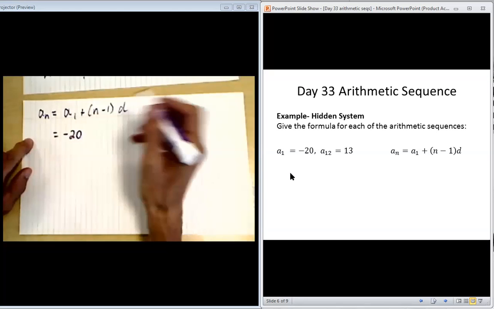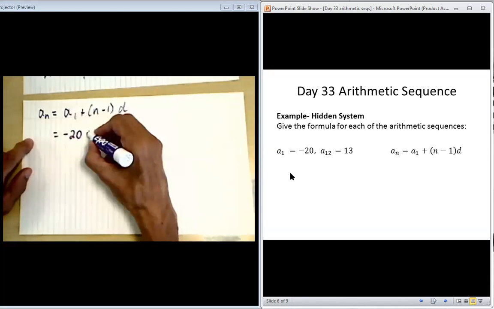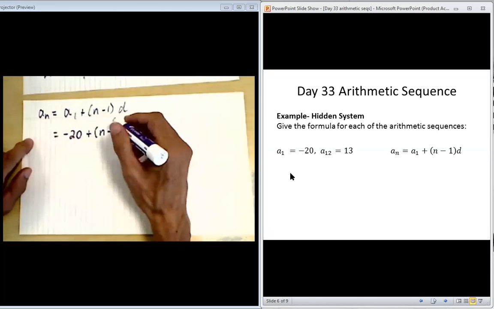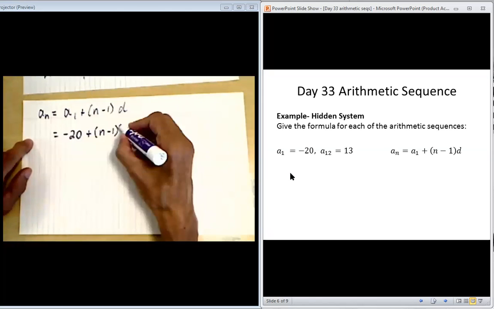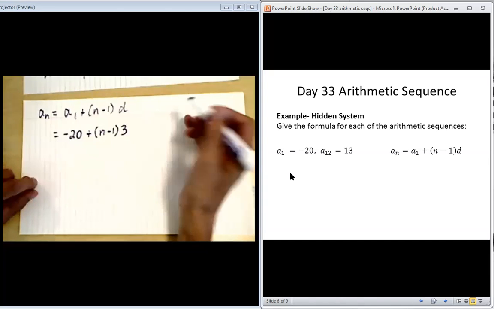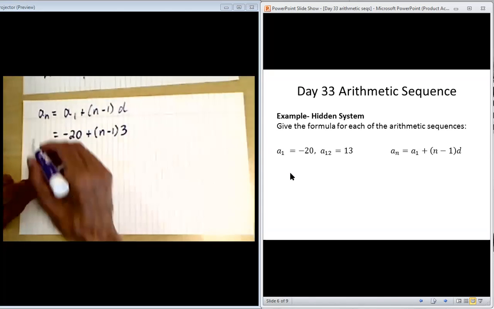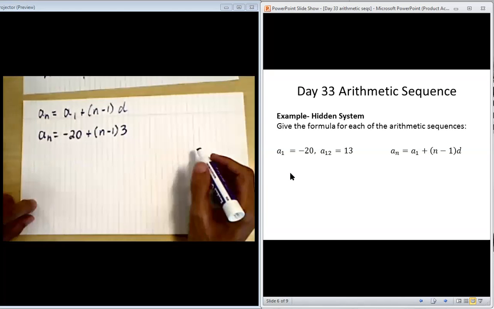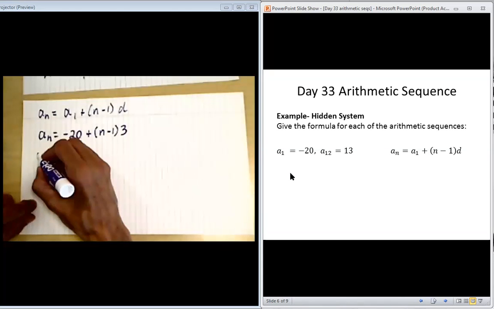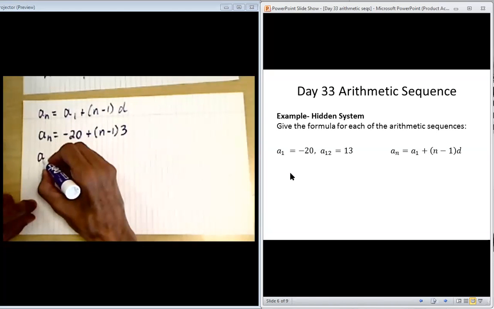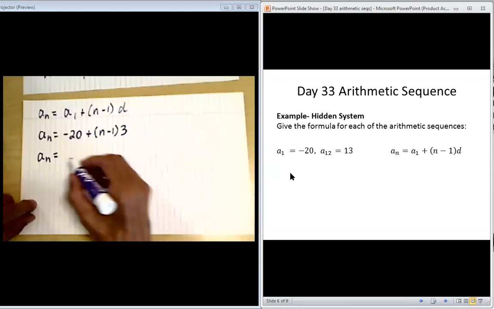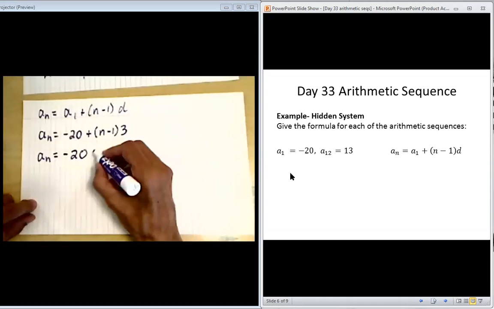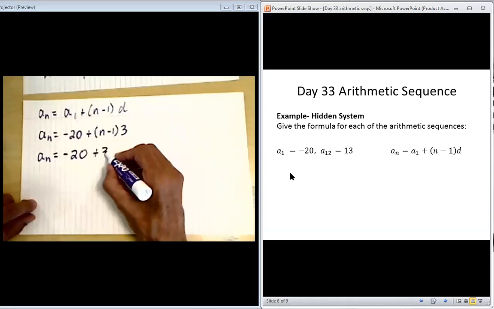And we're going to put a value in for d, which we just figured out to be is equal to 3. Okay, and so an stays like that. So an is equal to minus 20. Multiply this through, open it up. 3n minus 3.